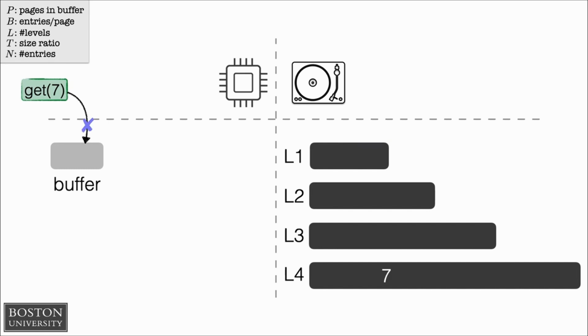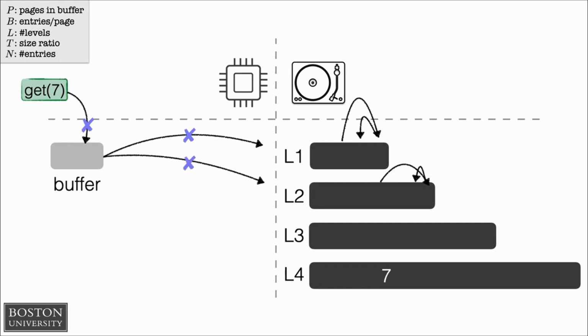If the buffer does not contain what we're looking for, then we have to start going into the storage and start searching each and every one of the files. So if we don't have any additional metadata, we'll have to do a binary search in every storage layer, performing a logarithmic number of storage IOs for every level.